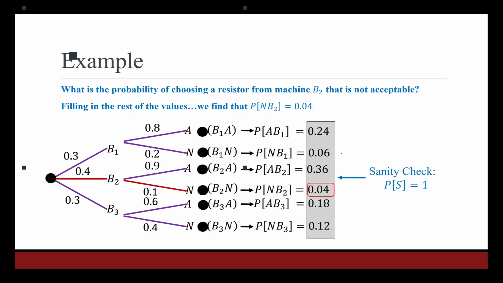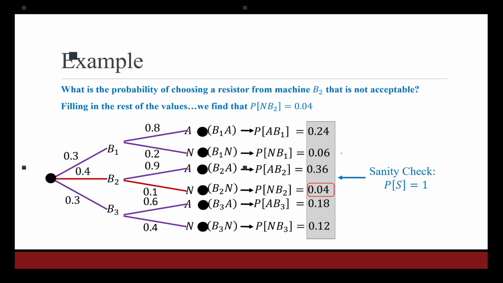Now, we want to randomly choose a resistor in our inventory. There is going to be a chance that the resistor was produced by the first line or second line or third line. We don't know for sure which of those lines made the random resistor, but we have some probability, and that could be a result of any reason.